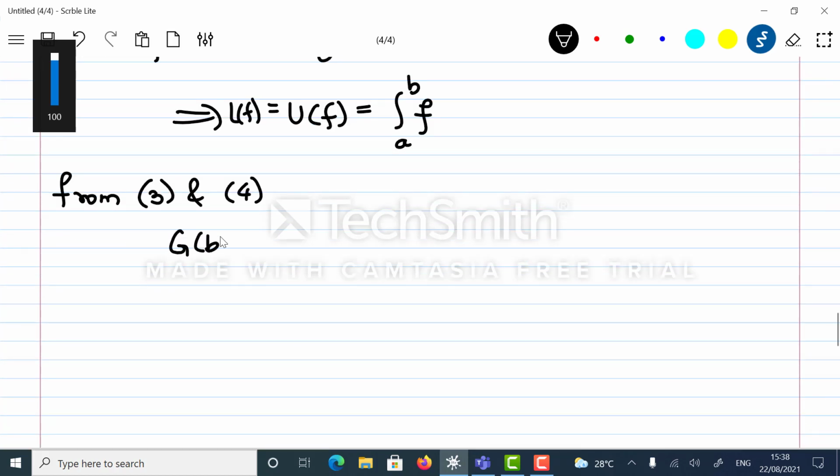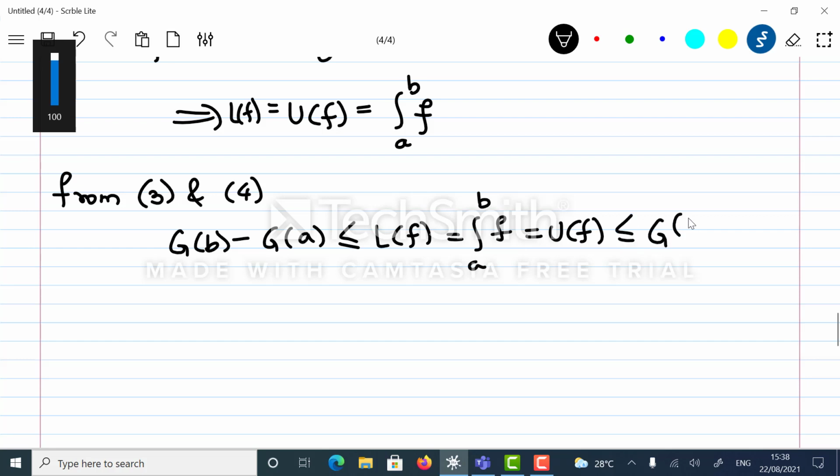So from 3 and 4 we can say that g of b minus g of a is less than or equal to L(f), which is equal to the integral a to b of f, which is equal to U(f), which is less than or equal to g of b minus g of a.